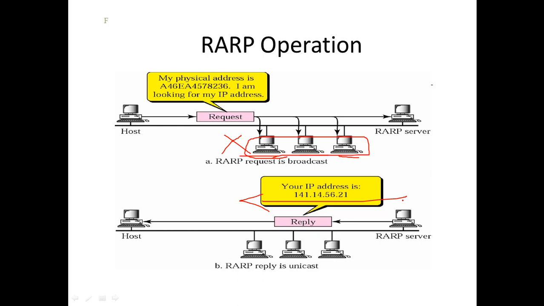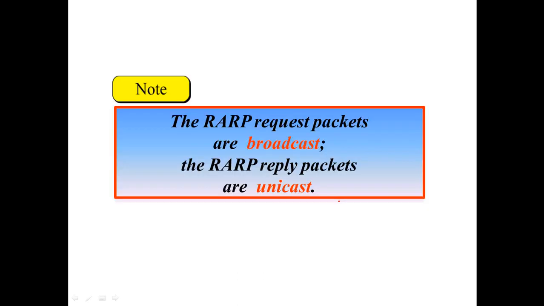Only the RARP server will respond, telling you that this is your IP address. So this is the same operation. RARP request packets are broadcast, and the reply is unicast.